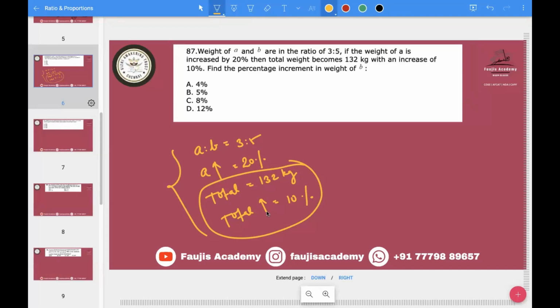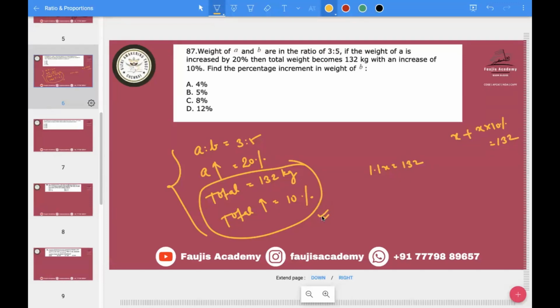Like 1.1x is equal to 132, or otherwise, let's assume the previous total was x, then x plus x of 10% is equal to 132.